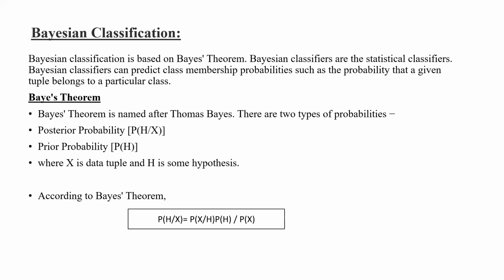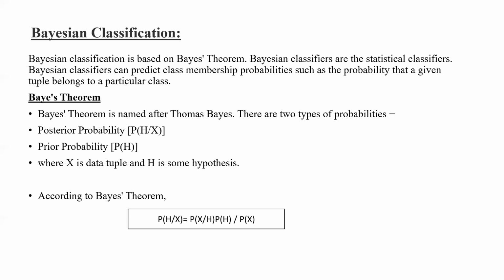Consider that X is a 35-year-old customer with an income of $40,000. Suppose that H is the hypothesis that the customer will buy a computer. Then P(H|X) reflects the probability that customer X will buy the computer given that we know the customer's age and income.